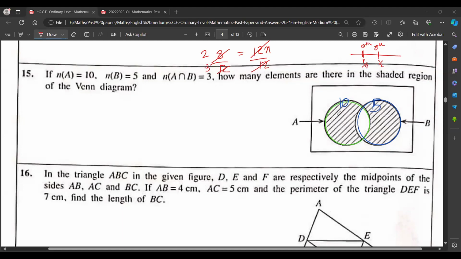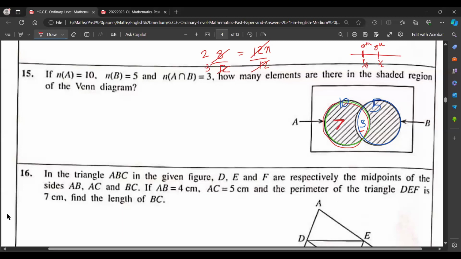Now the intersect area is 3. They mentioned this intersect area is 3. Find the shaded area. This whole circle is 10. This whole part is 10. So if this is 3, this value should be 7.